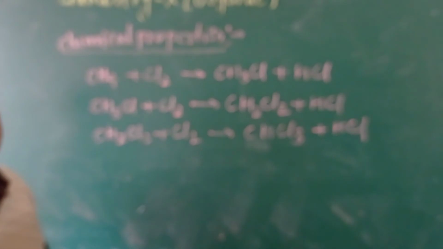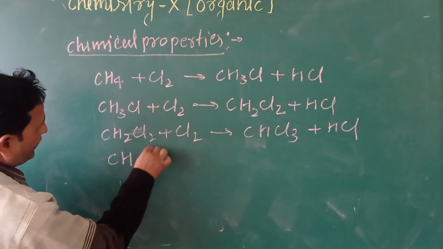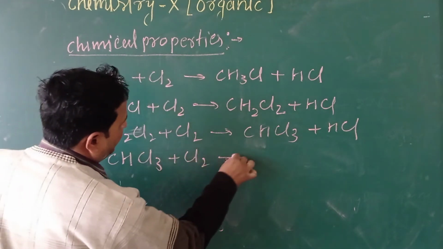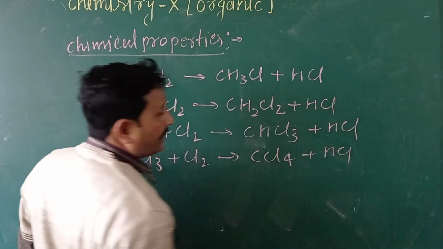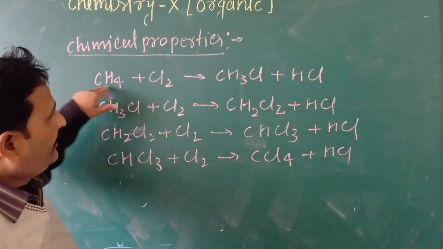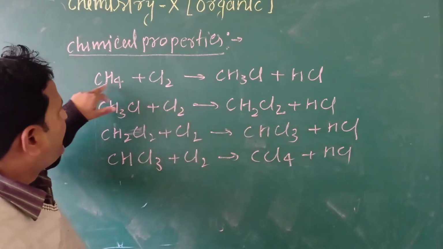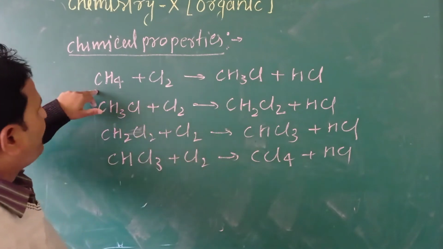Now chloroform again reacts with chlorine, it forms carbon tetrachloride and HCl. Now the question is, how do you prepare chloroform from methane? Dichloromethane from methane, methyl chloride from methane, carbon tetrachloride from methane.